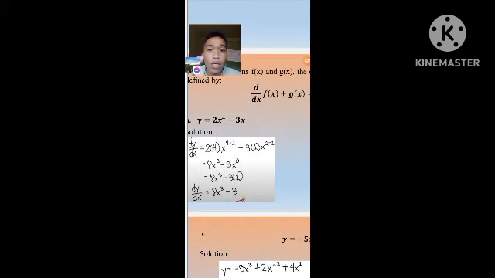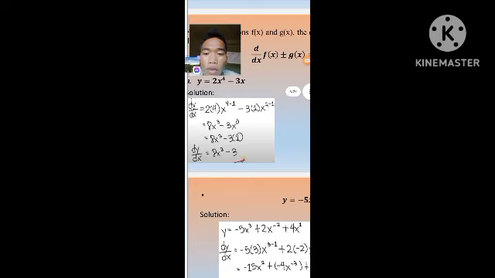So 1x is equal to 1. For x we use 1 raised to the power of 1 minus 1. So we have a total of 8x cubed minus 3x raised to the power of 0.